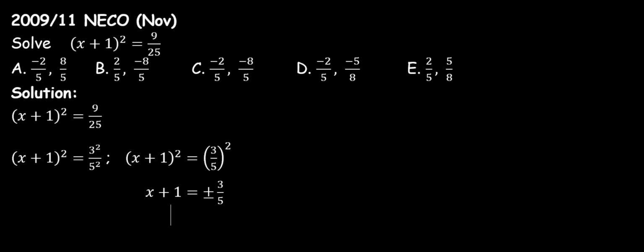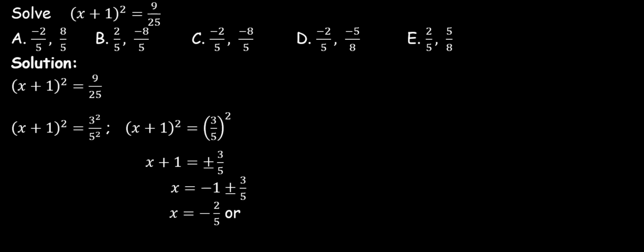And when removing the square, like taking the square root of both sides, the value must give us plus or minus. That is, x equals minus 1 plus or minus 3 over 5. And when we solve further arithmetically, that will give us x equals minus 2 over 5 or minus 8 over 5.